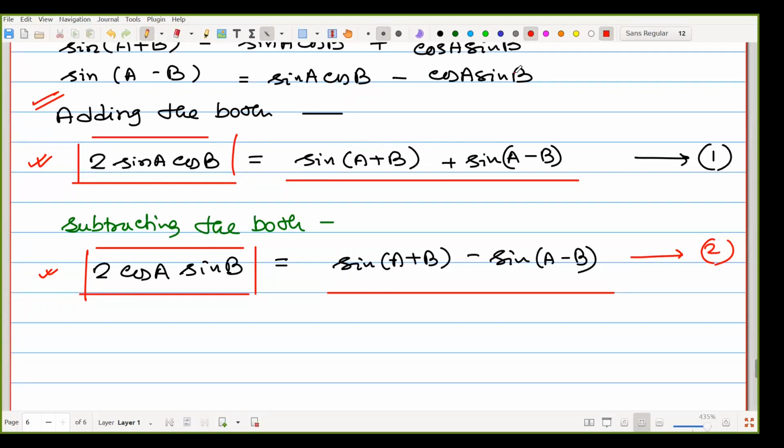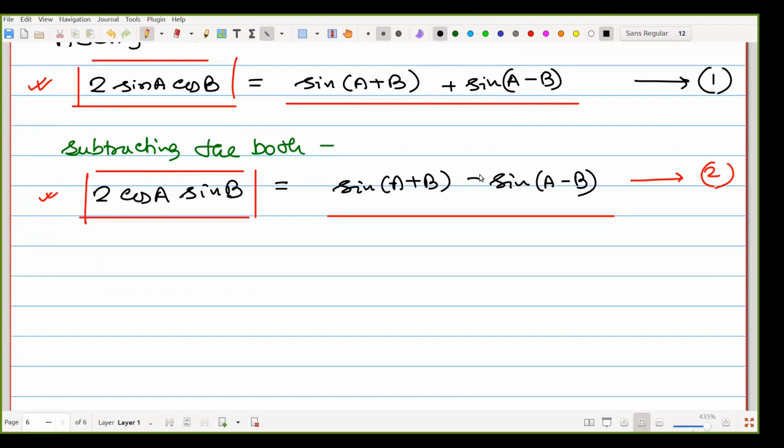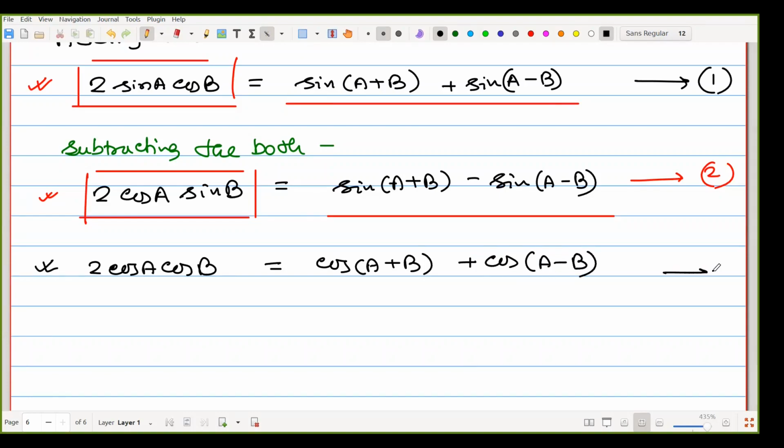In the same way, we can say 2 cos A cos B is equal to cos(A+B) plus cos(A−B).